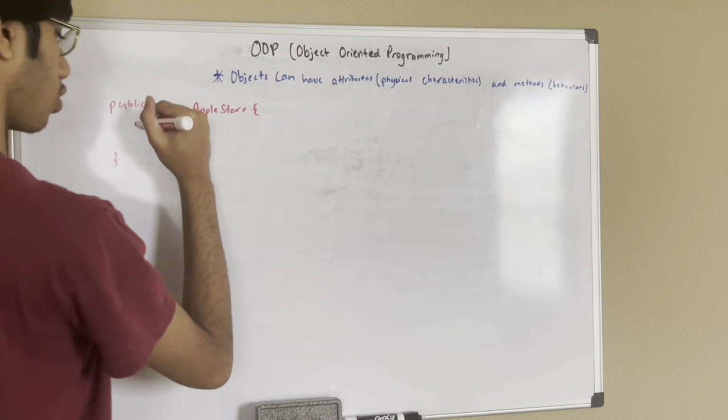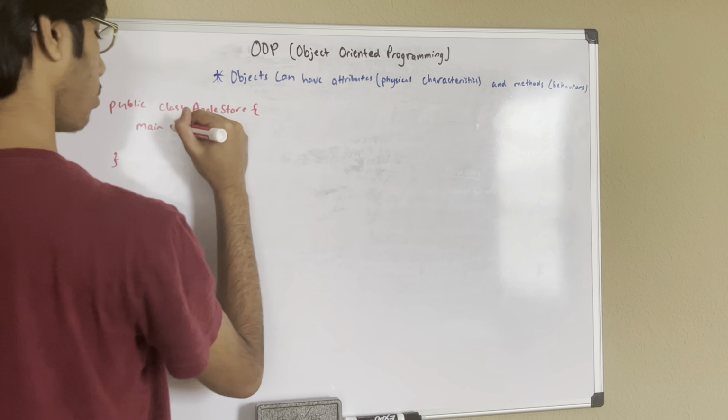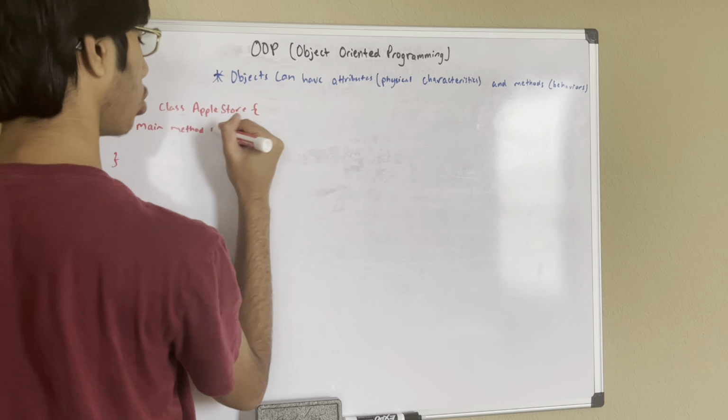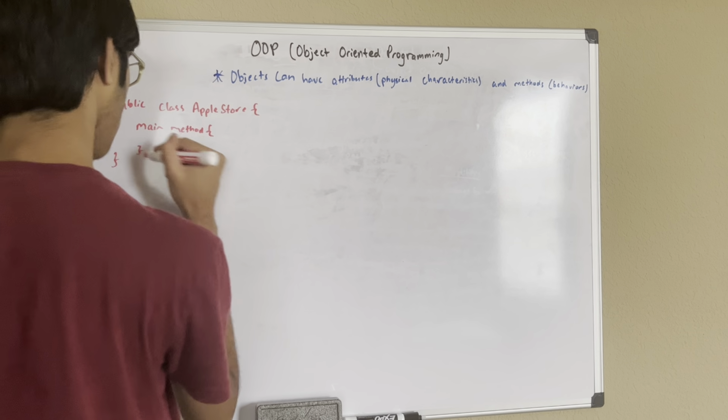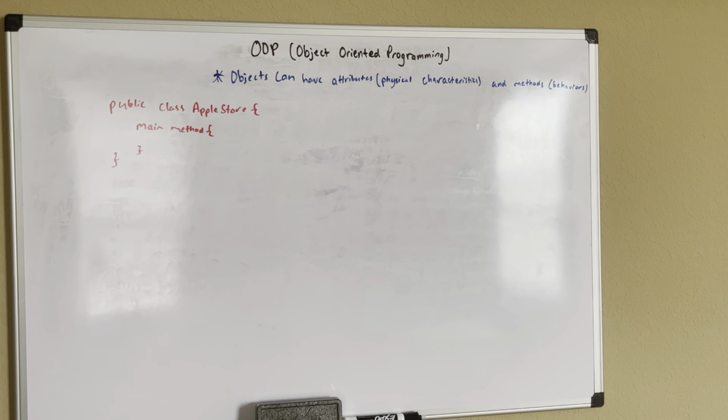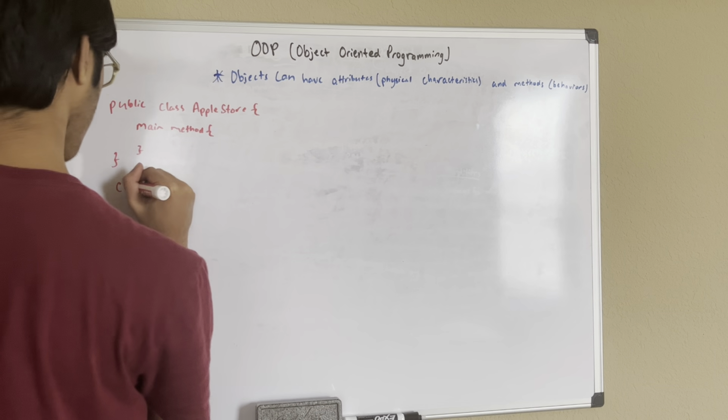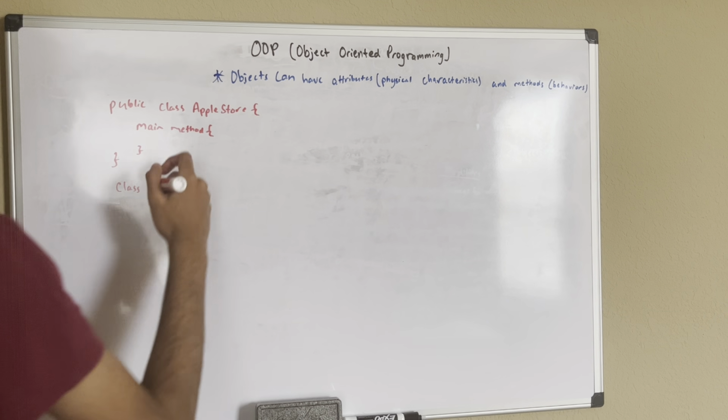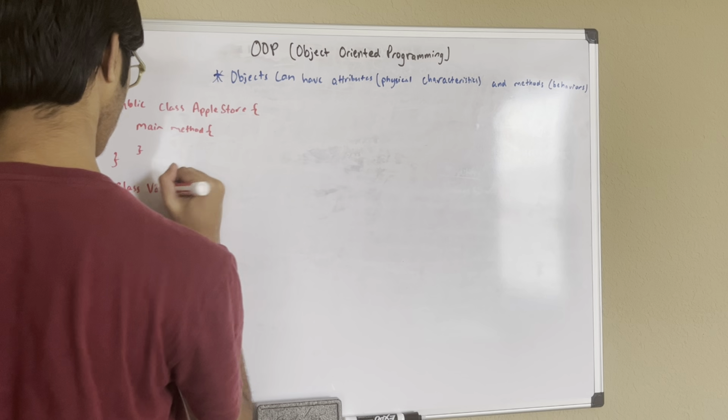And then this is our main method. I'm not going to write the whole thing out, but you probably know what the main method is by now. Then we're going to go down here and create another class, and we're going to call it, I don't know, V2.